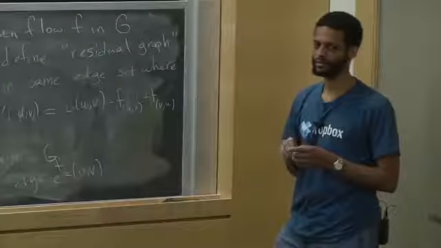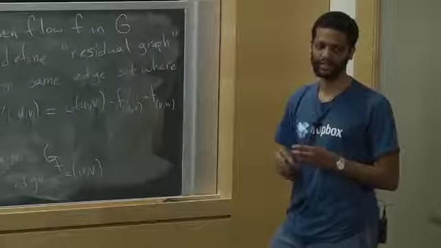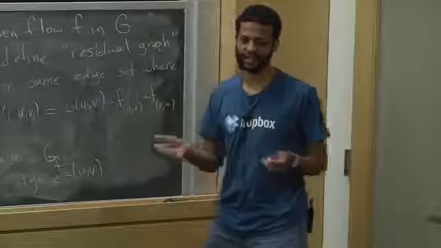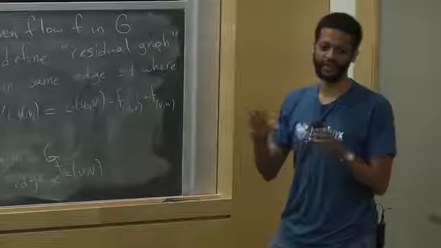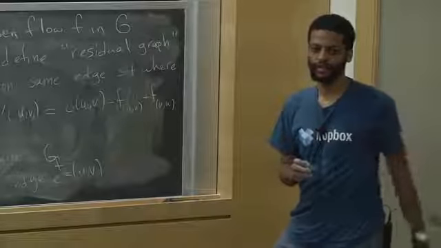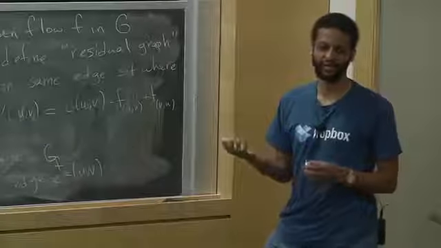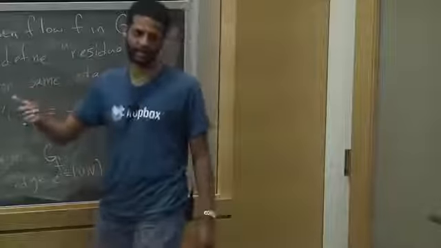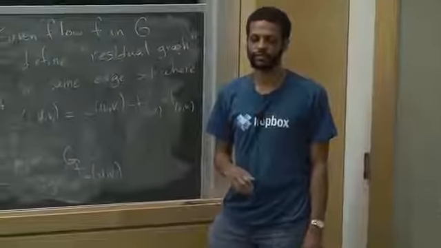So imagine that we have edges in both directions for every edge. You can imagine even that it's the complete graph where edges that don't actually appear have capacity 0. But I don't want to say it like that because I want our running time bounds to depend on m. But for every edge that appears, imagine it appears in both directions. Maybe one of the directions has capacity 0. Does that make sense?